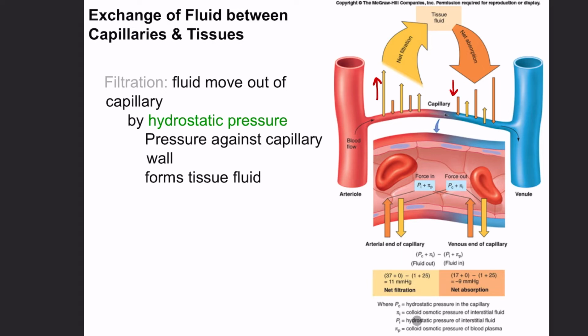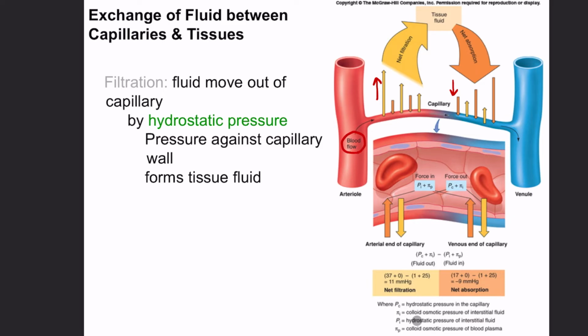These are showing the net movement, and the yellow arrows are pointing out a type of movement out of the capillaries. This is called filtration because fluid is moving out. It's like it's being filtered out of the capillary. This is caused by what we call hydrostatic pressure. Hydrostatic pressure is the pressure of blood. It's the pressure against the capillary wall.